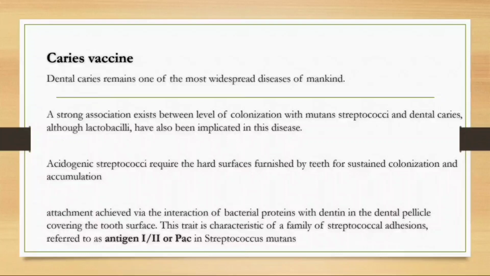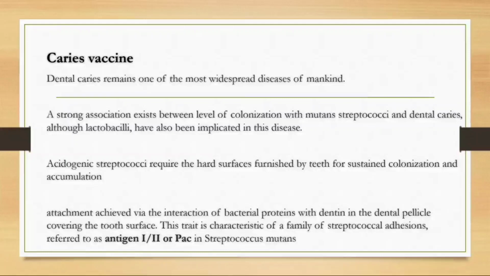We know dental caries remains one of the most widespread diseases, but it cannot be prevented by a vaccine because it is a multifactorial disease. A single factor disease can be prevented by vaccine, just like polio, mumps, measles, or those caused by a single microorganism.